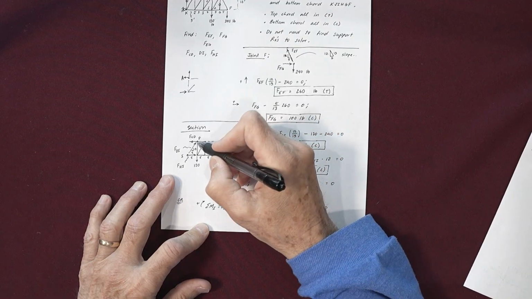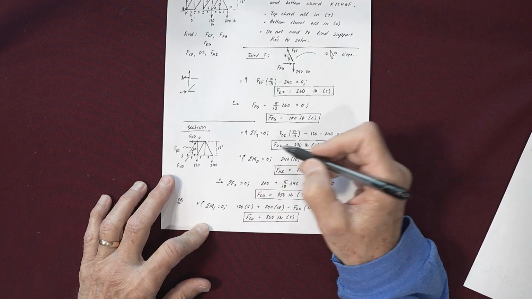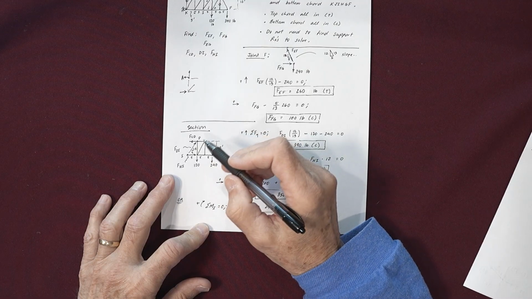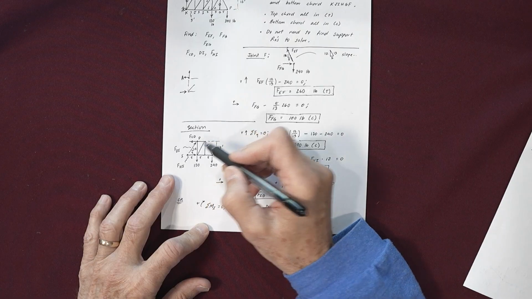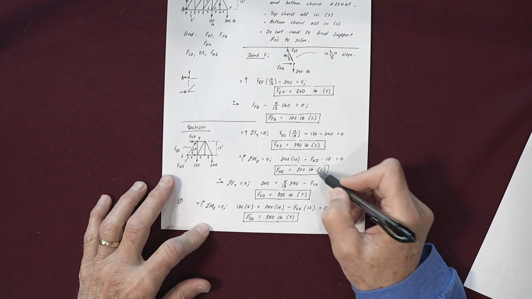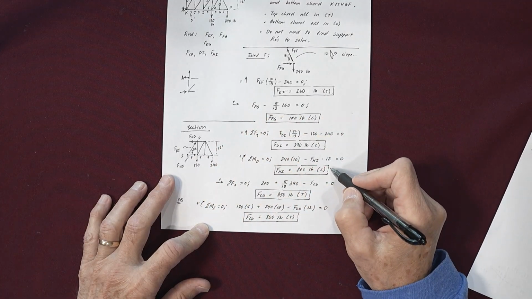So if we sum moments about D, and if we take clockwise to be positive, then we have positive 240 times 10 minus FHI times his moment arm, which is 12. And then FHI is 200 pounds. And we drew him pushing, and so he's in compression.